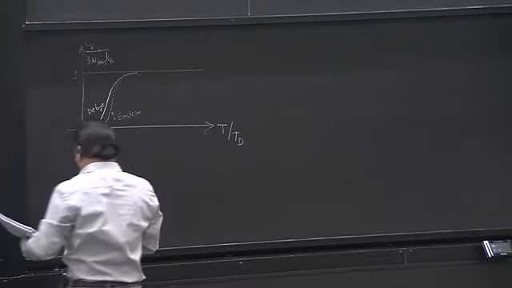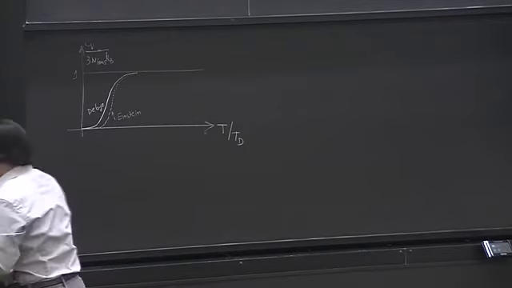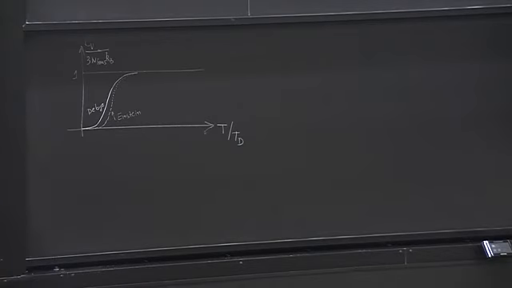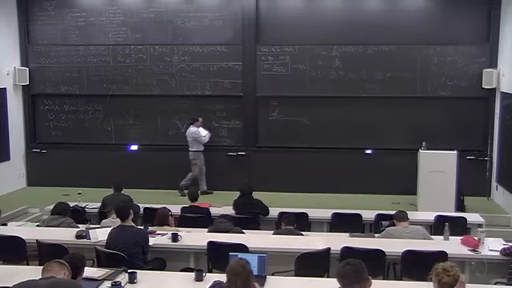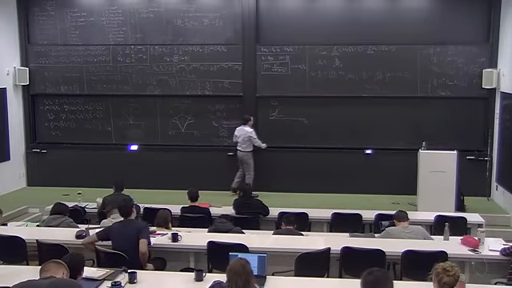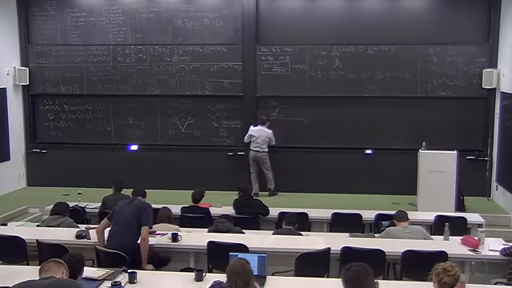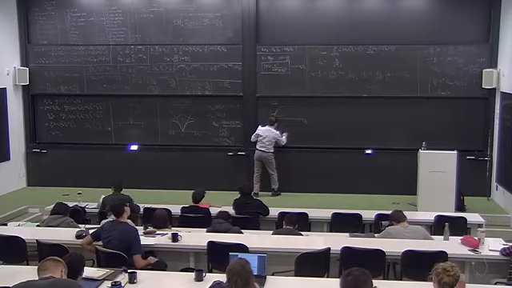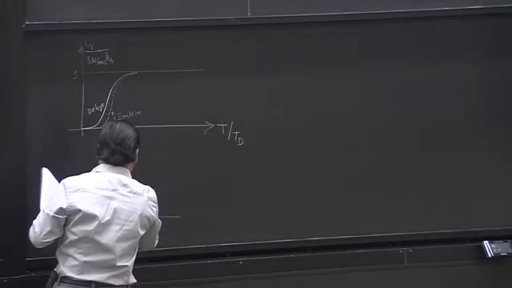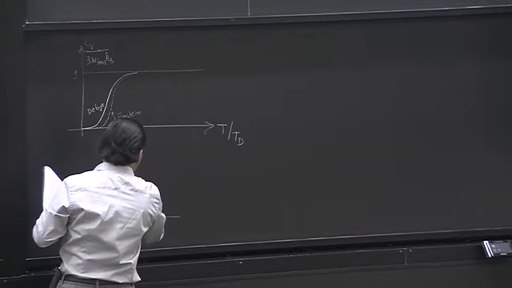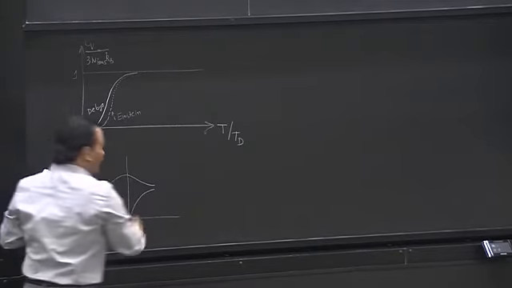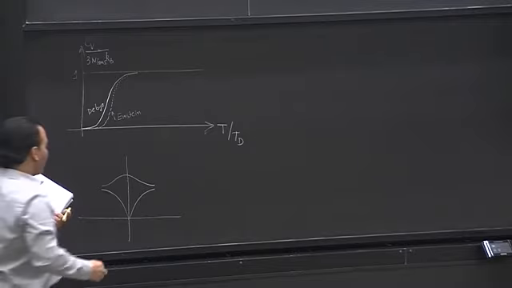Now, what is this Einstein model? In the Einstein model, you make a different approximation as compared to the Debye one. So you have the acoustic mode and the optical mode.